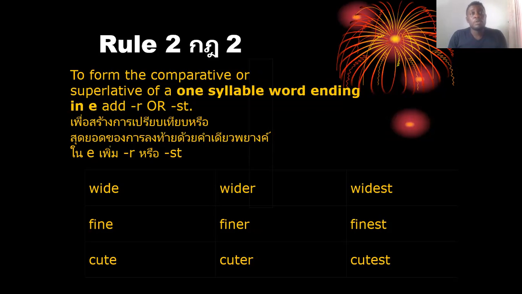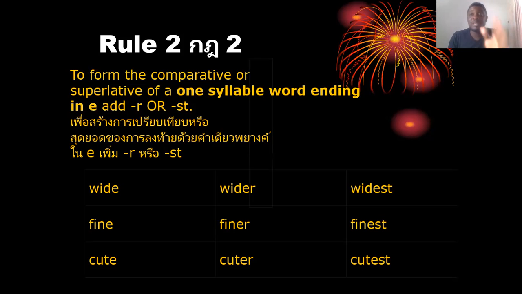Rule number 2. To form the comparative or superlative of a one-syllable word ending in e, add r or st. Okay, so since it ends with e already, the e is there already, so you don't need to add er, just add r or just add st. Okay, wide, wider, widest, fine, finer, finest, cute, cuter, cutest.